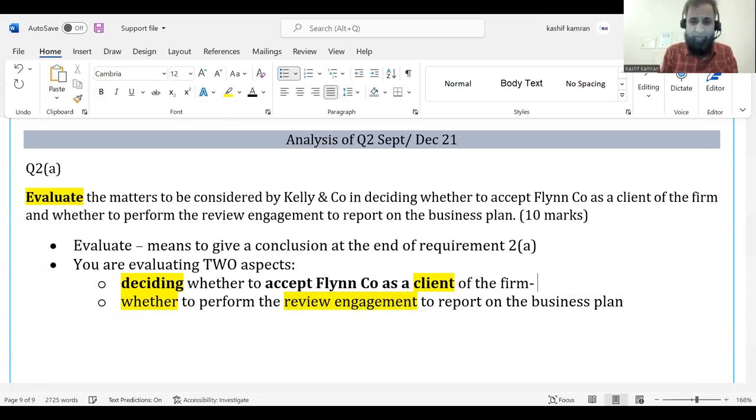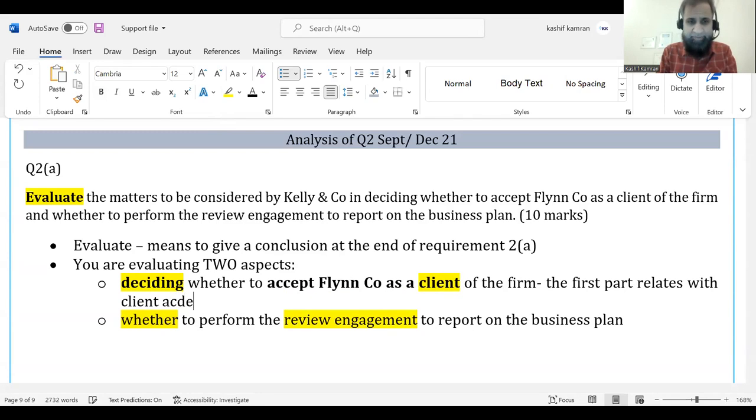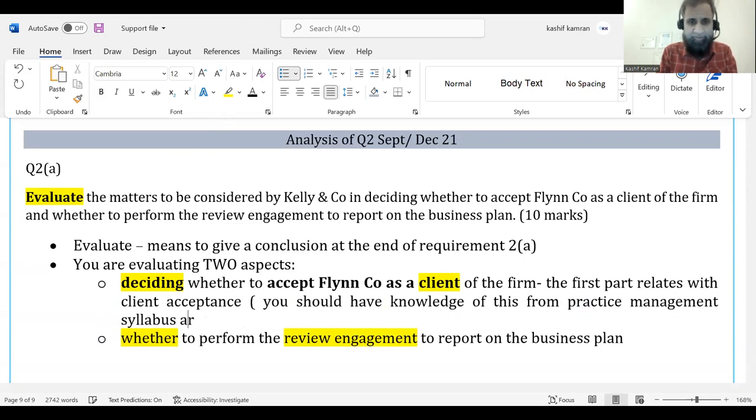Am I clear? The first part relates with client acceptance, so you should have knowledge of this from the practice management syllabus area, which is C. I hope you have it.